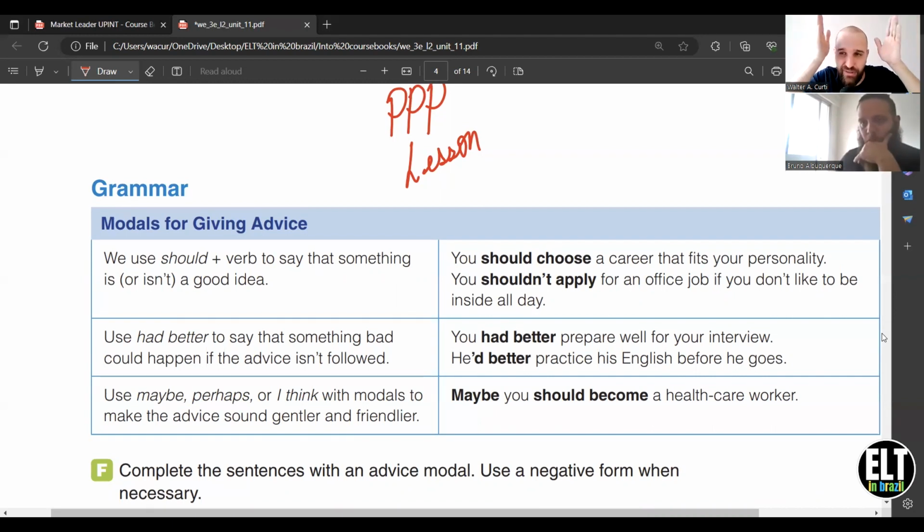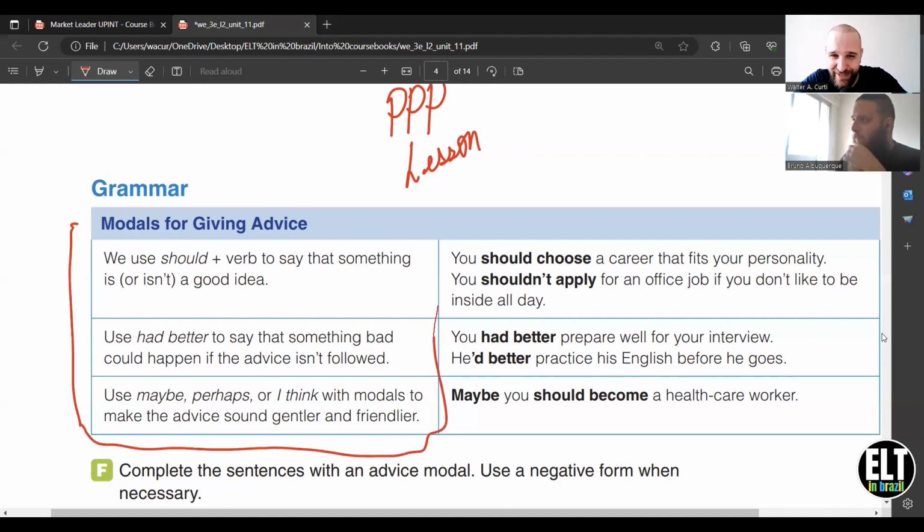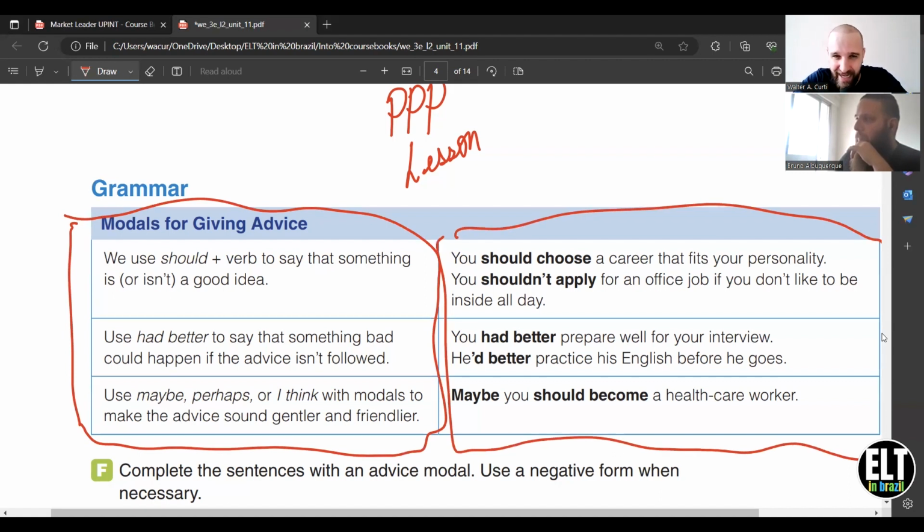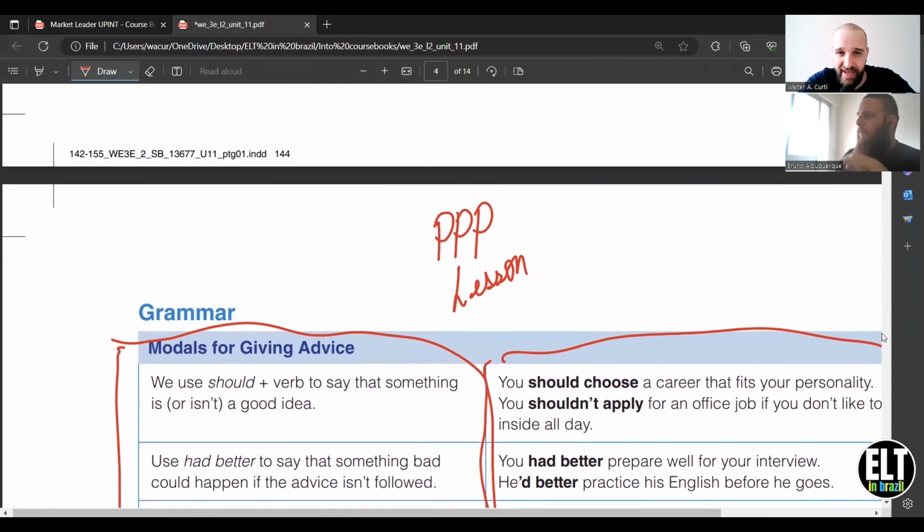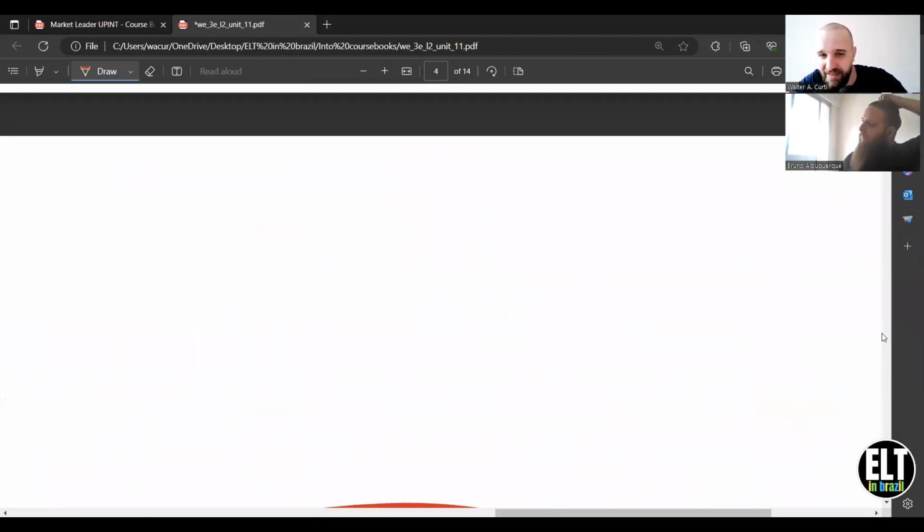But it's so self-explanatory that I don't think you need to. Now, when you look in here, you have exactly the explanation to the example. So this is the perfect example of a deductive lesson, right? True.